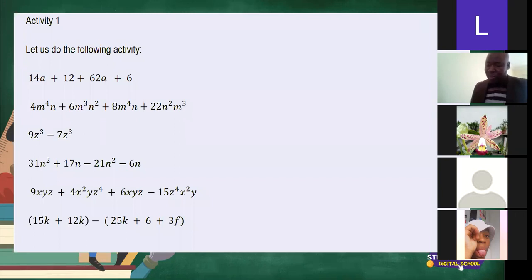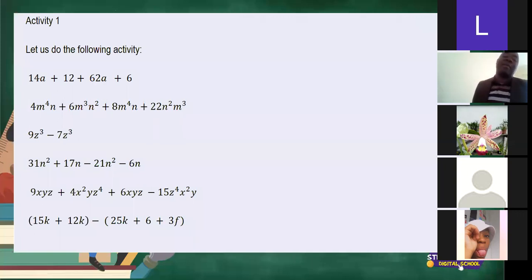So this means that your expression will be 15k plus 12k and then minus 25k minus 6 minus 3f.